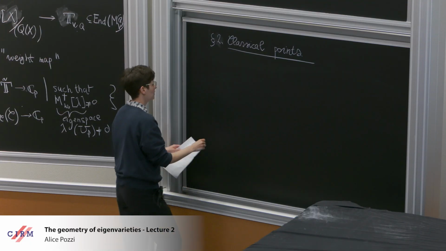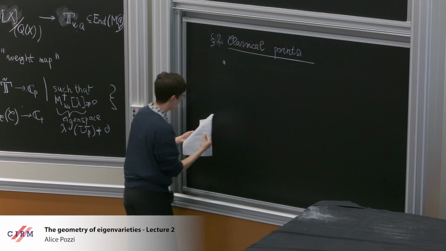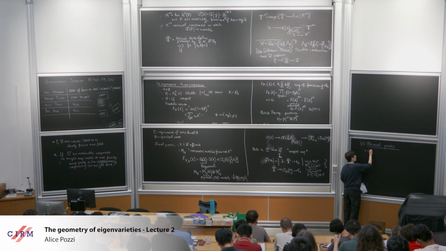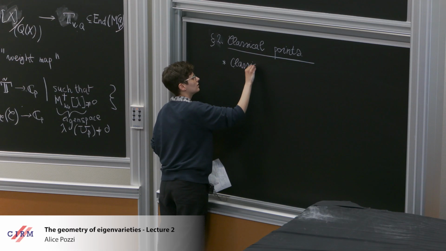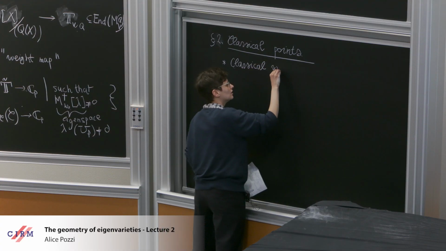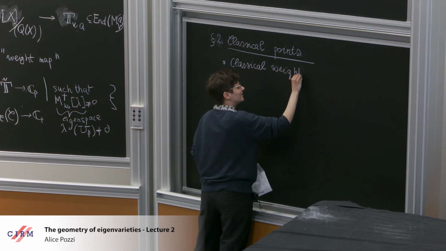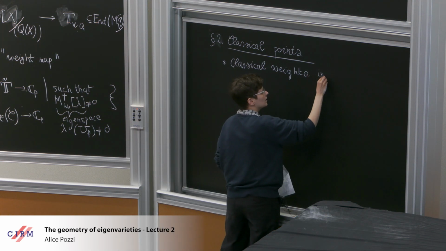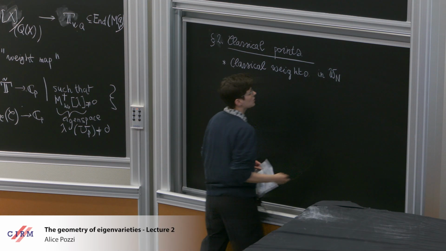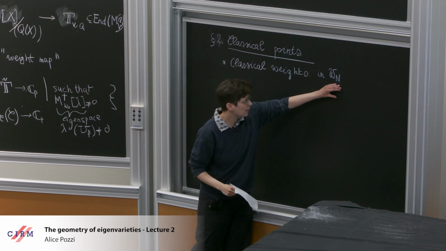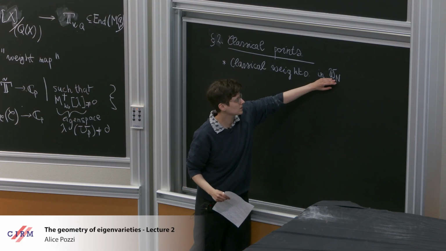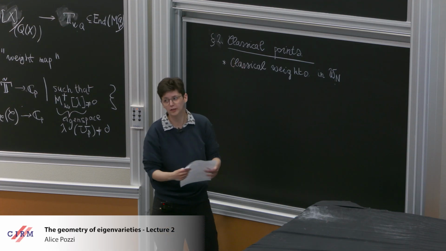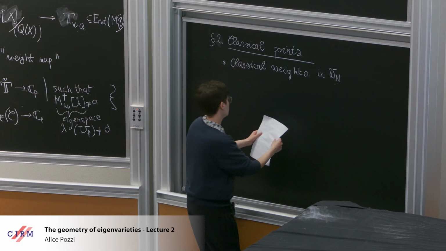So before I get to classical points, I need to update what I mean by classical weights. In W_n, this by definition is going to parameterize the characters of Z_p^* times Z mod N Z star. So I'm going to view those as a pair of characters.